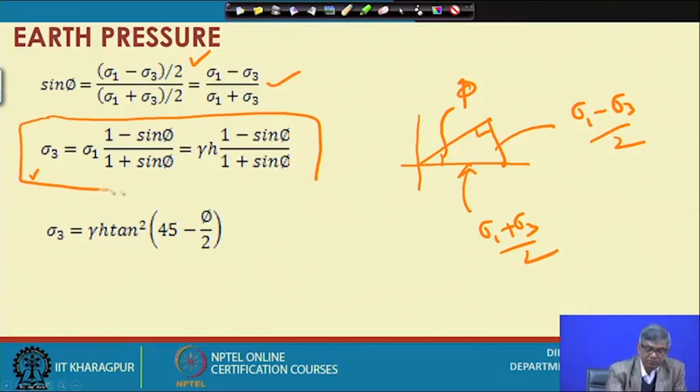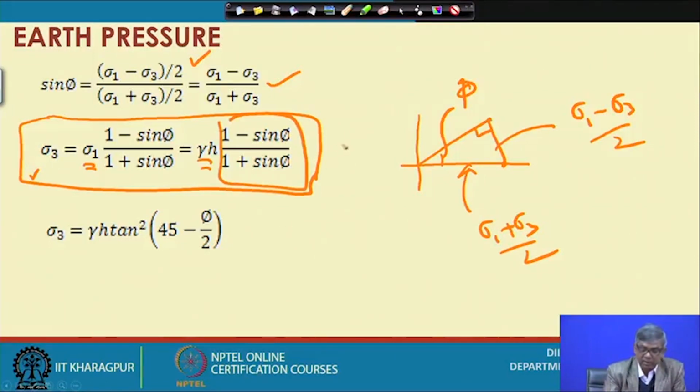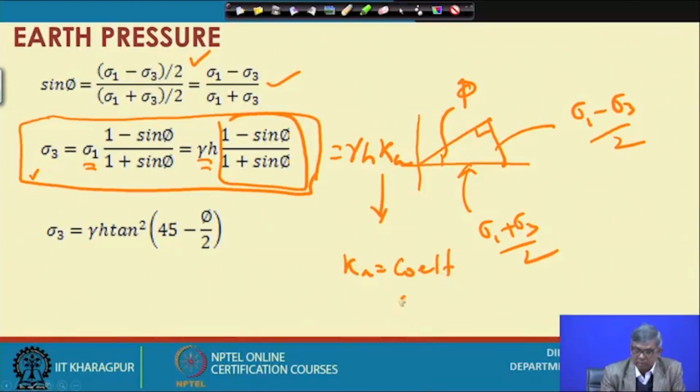You can see sigma 3 equals sigma 1 into 1 minus sin phi by 1 plus sin phi, and sigma 1 is actually gamma h. So gamma h times this, and this can also be written as gamma h Ka, where Ka equals the coefficient of active earth pressure.